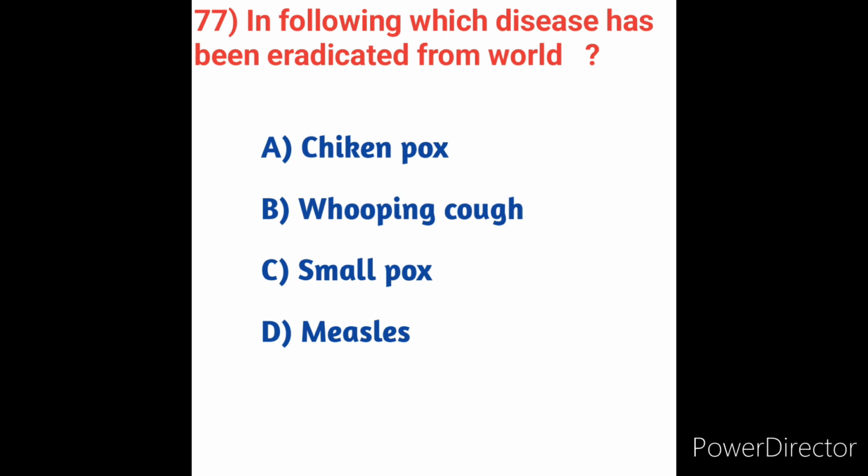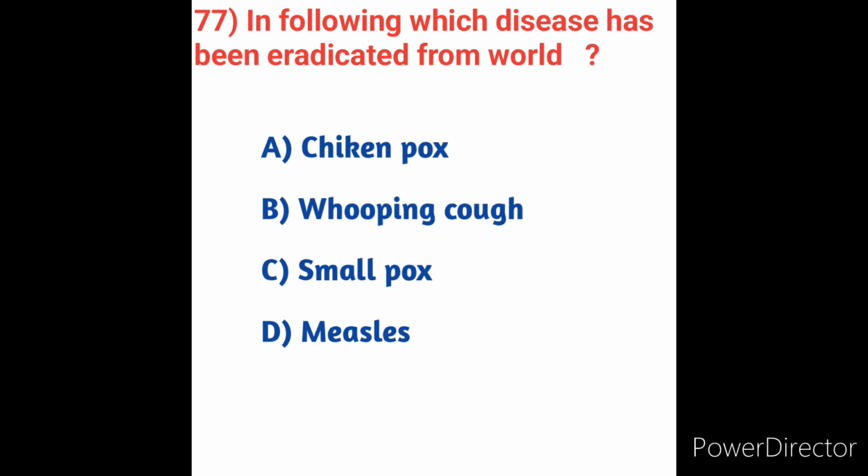In 1980, WHO declared smallpox eradicated, the only infectious disease to achieve this distinction. This remains among the most notable and profound public health successes in history. So here, the disease that has been eradicated from the world is smallpox. Option C is the correct answer here.